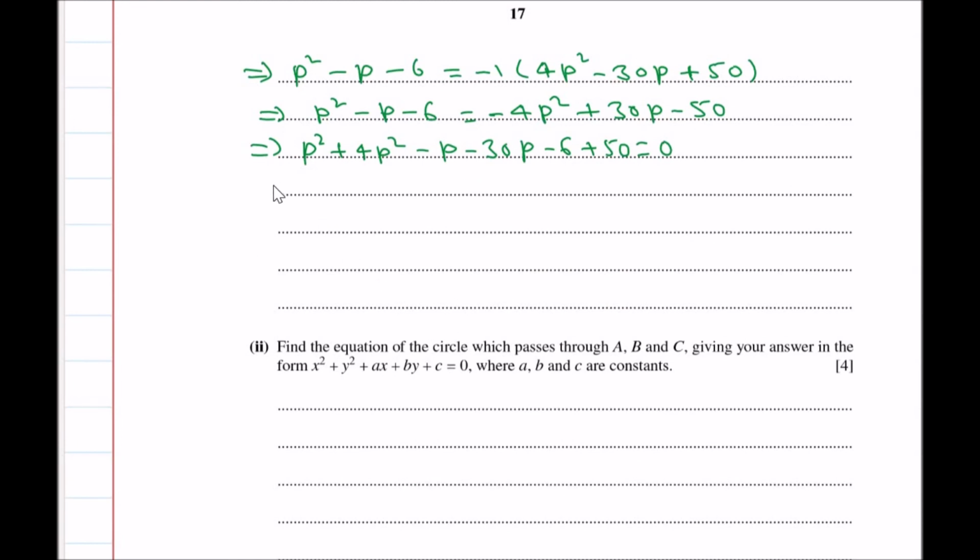So we get 5p square minus 31p plus 44 is equal to 0. Sorry, 44, not 46.